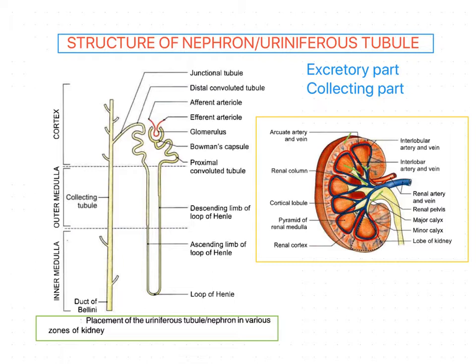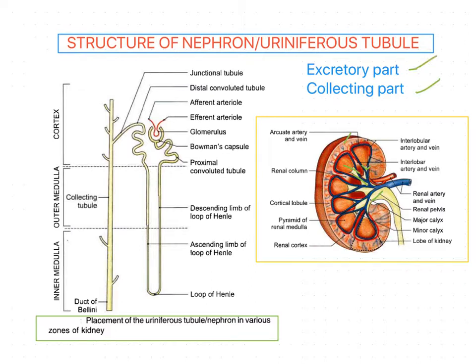Now in this session we are going to discuss the structural and functional unit of the kidney, that is the nephron or uriniferous tubule. In the structure, the nephron is divided into mainly two parts: the excretory part and the collecting part.